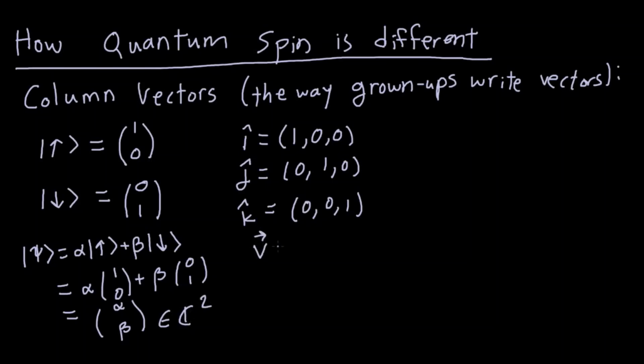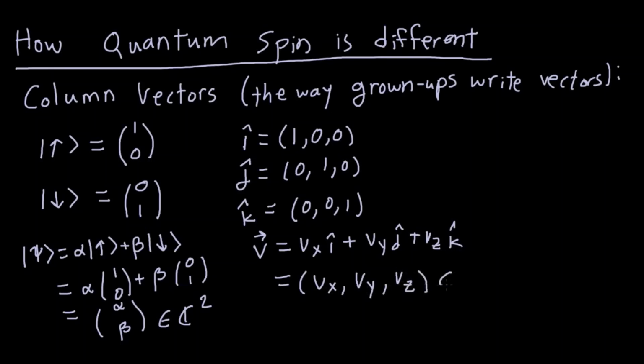Whereas you might be used to writing a vector v as vx i hat plus vy j hat plus vz k hat, which is equal to vx, vy, vz, which is an element of R3.